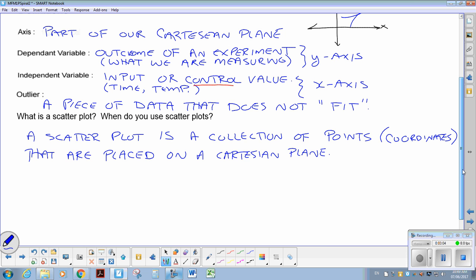All right, and when do you use scatter plots? So this would be a discussion in class. You're missing that because we're doing it through video. So scatter plots are used for graphing experiments.